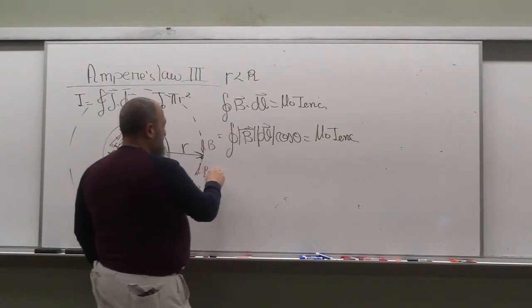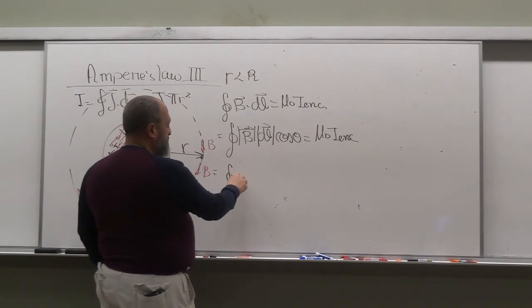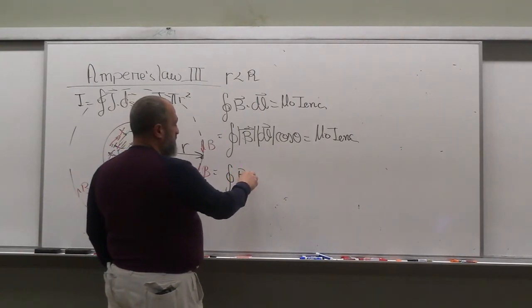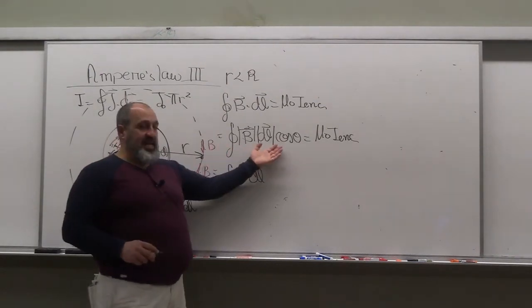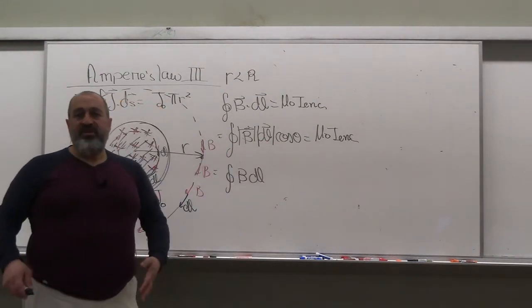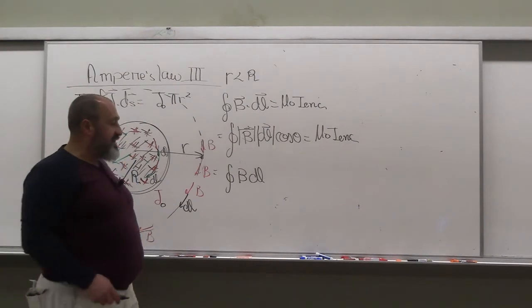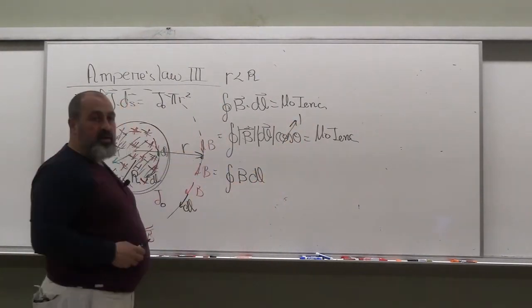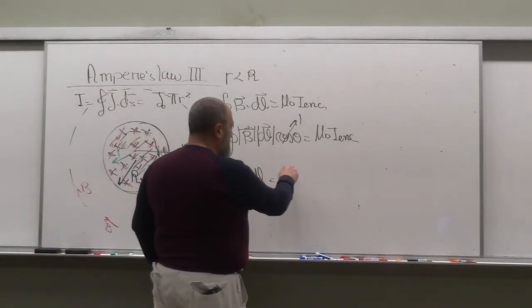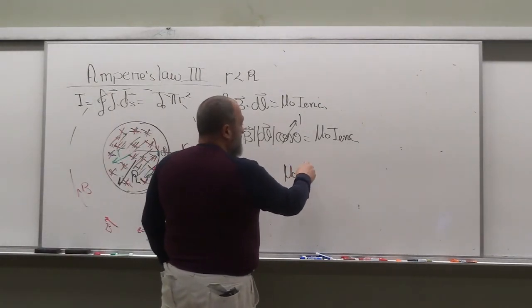These are again magnitudes, but I'm being lazy, and we have actually laid it out. We don't have to keep writing magnitude bars and vectors. If you want to go ahead, it's a good practice. And cosine of the angle is 1 because the angle is 0 between the two, and that is equal to mu naught I enclosed.